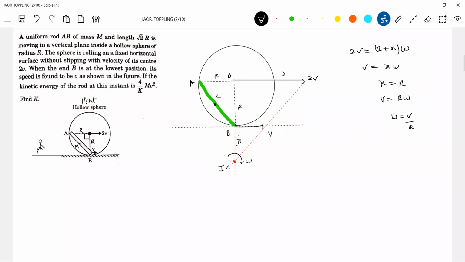So if you stand on the ground, you don't see this omega about the instant center. What you see is all points rotating about the center of mass of the system. Where is the center of mass of the system? This is a light sphere, massless, so the center of mass of the system becomes C. This is very important. If you stand at the instant center, you see that all points on the rod are rotating with angular velocity omega about the instant center.